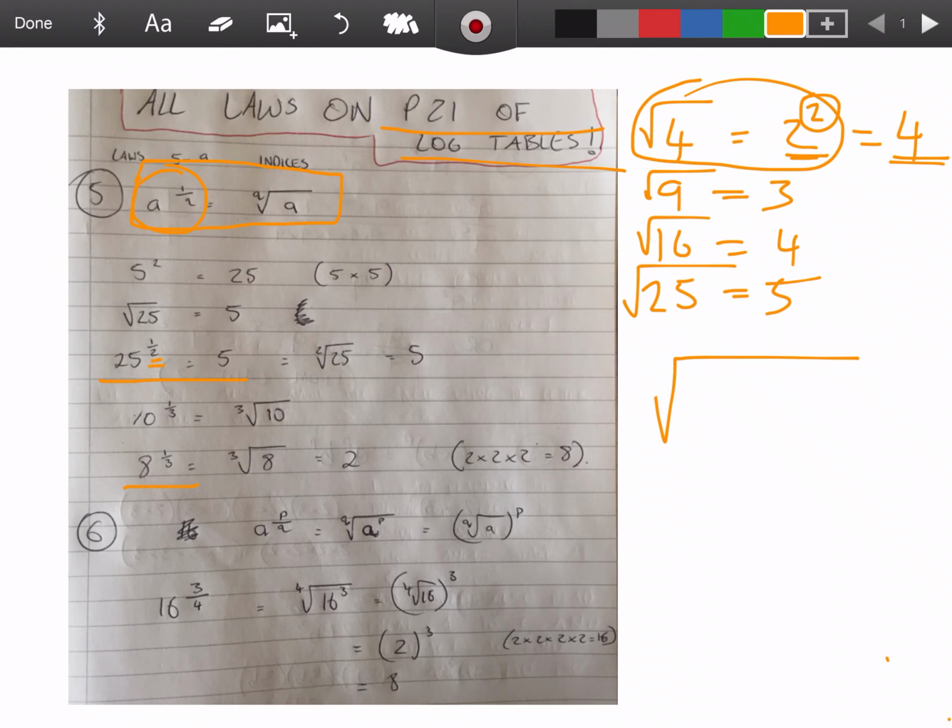In this one, it's squared root, because I'm talking about 2, and 2 is the number that we use to square something. So it's the square root of 25, giving you 5.